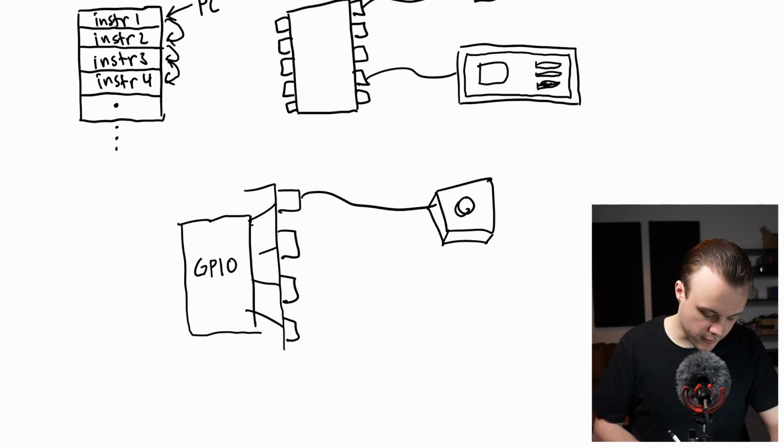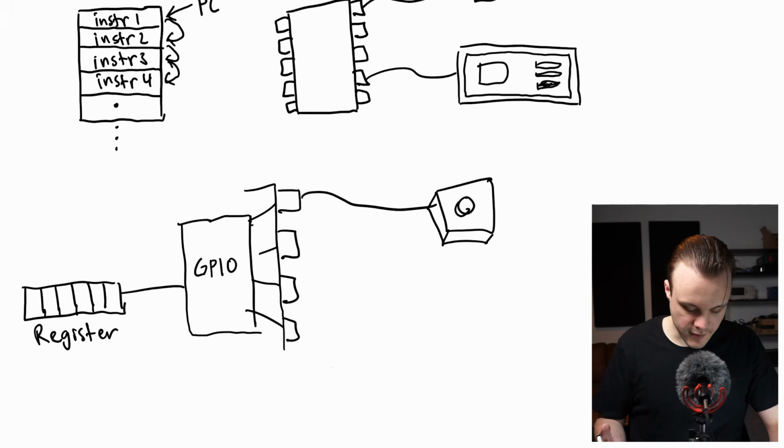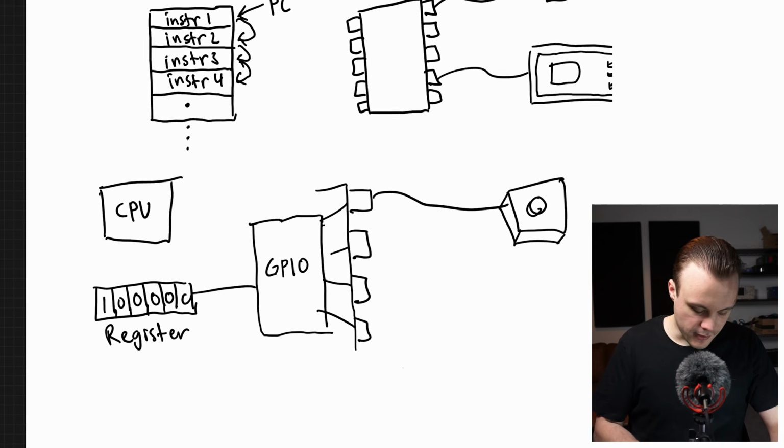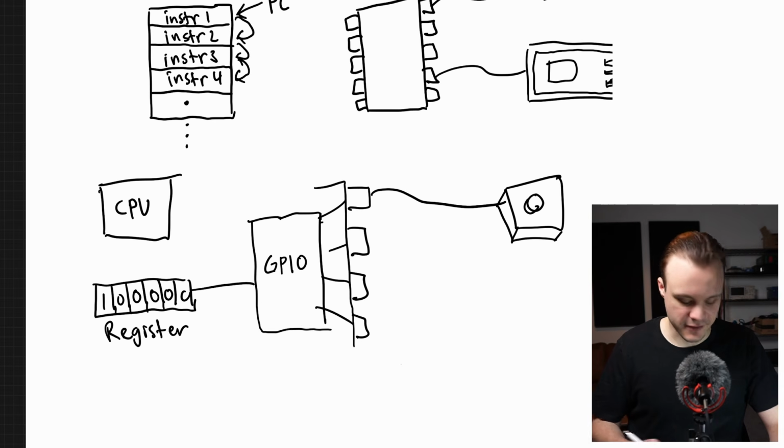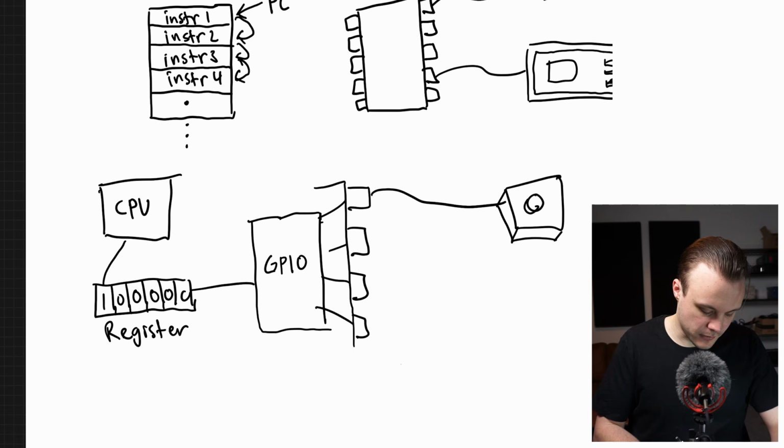And when it does, it's going to write to some sort of register. So for example, let's say that when the button is pressed, the voltage level of the first pin changes, and then this hardware block here writes to the register and sets the first bit of this register to 1. And the CPU can then access this register to figure out whether the button has been pressed or not.